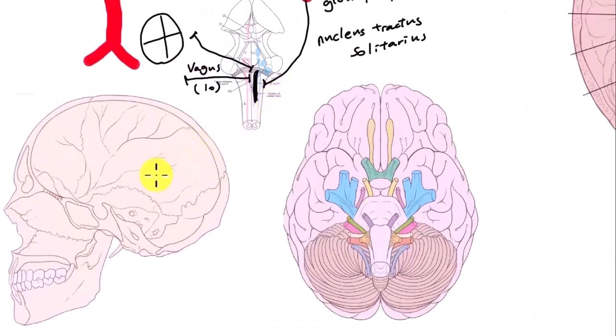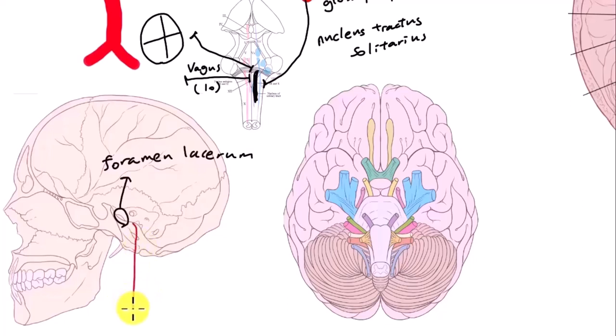So if I say around this area is foramen lacerum, the internal carotid artery rises, enters the carotid canal, and exits via foramen lacerum.